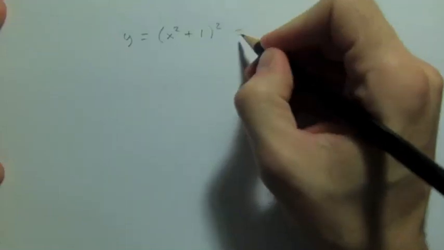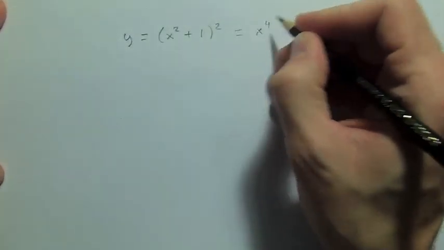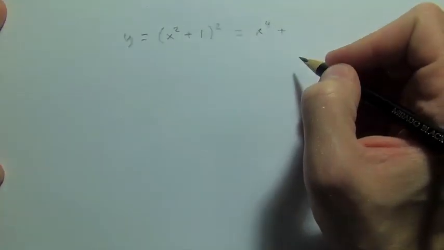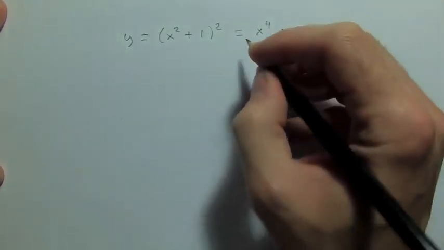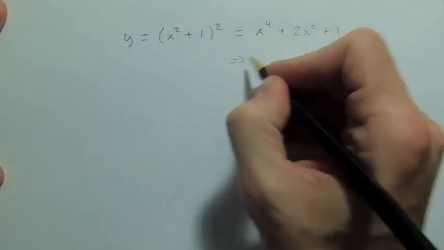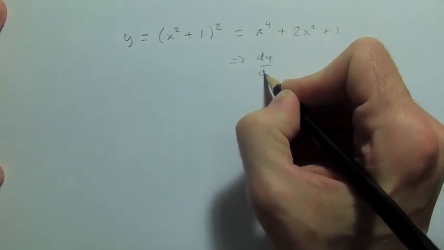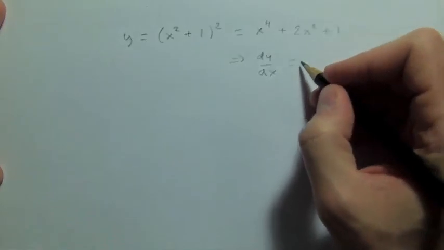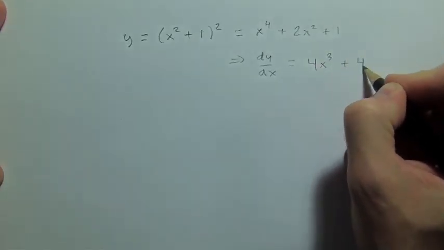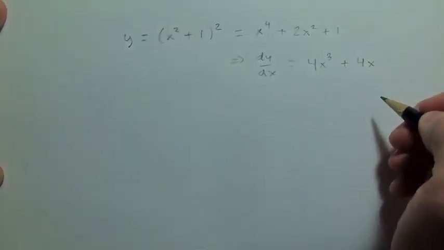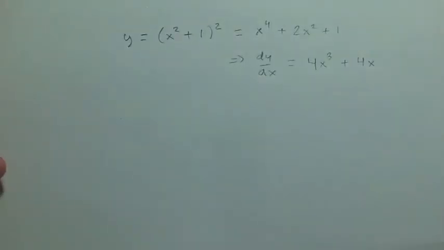FOILing this out, this will be x to the 4th plus 2x squared plus 1. Then from here we would have found that the derivative with respect to x is going to be 4x cubed plus 4x when it's all said and done.